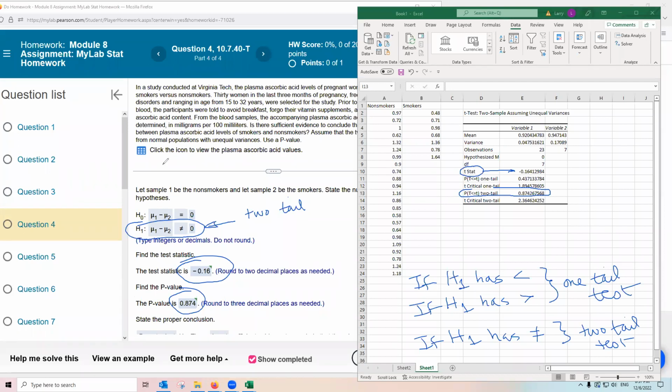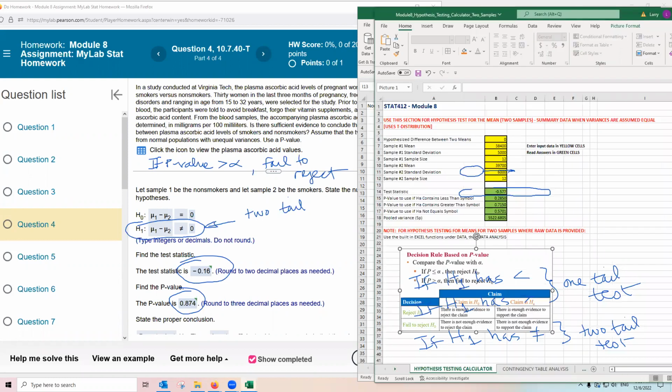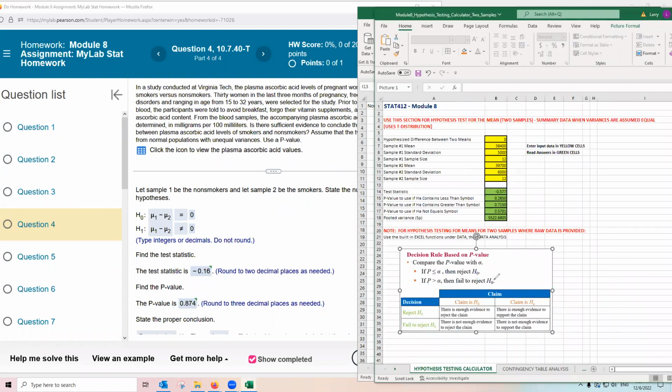All right, but I know that if the p-value is greater than alpha, like it is here, then we fail to reject the null. I'm going to go back to that. Let me go back to this table that we can use here. Our p-value is greater than alpha, right?